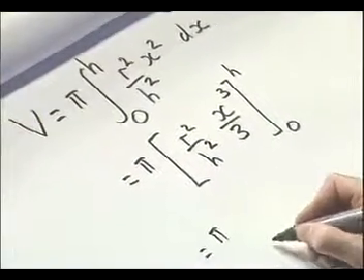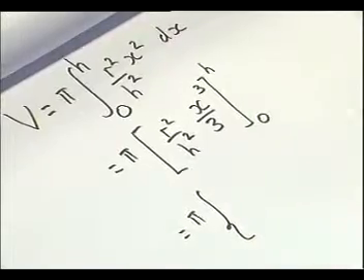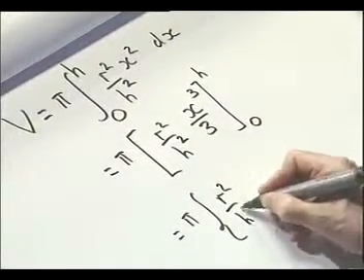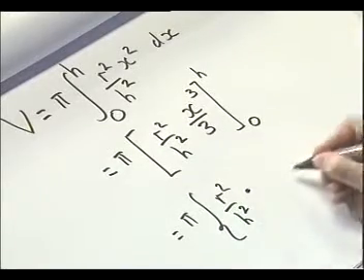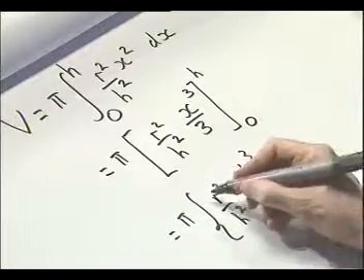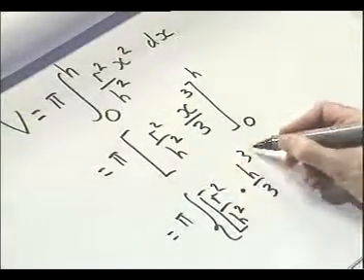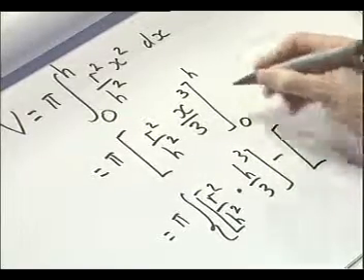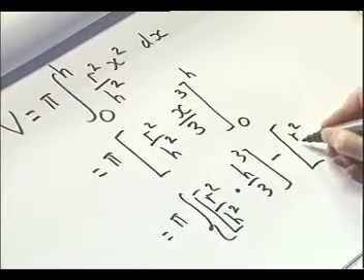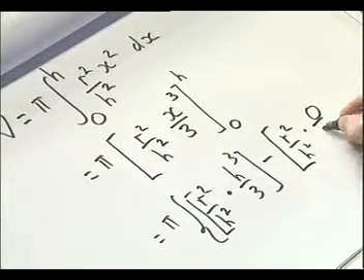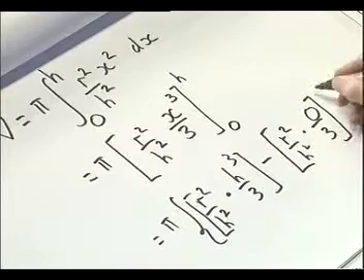Equals pi. Put the h in first, so with r squared over h squared times h cubed over 3. So there's our first bracket, minus, and the second one, when we put 0 in, r squared over h squared times 0 over 3.